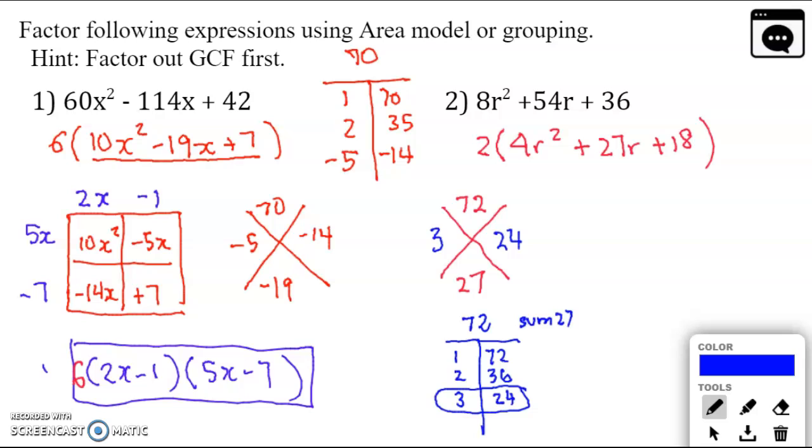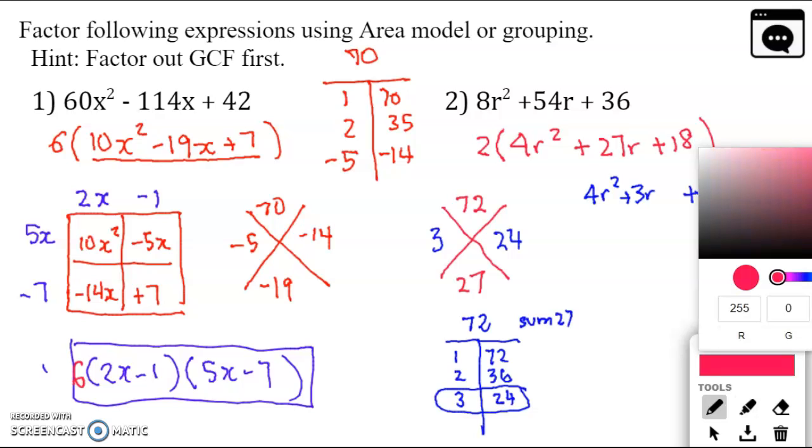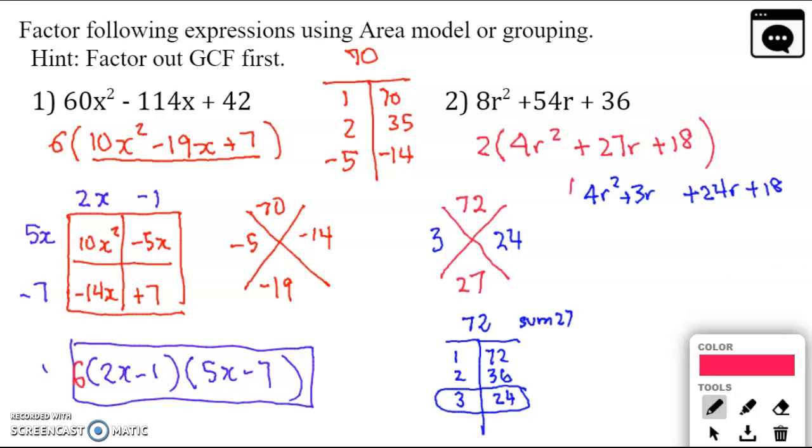Now I can split the middle term as 4r squared plus 3r plus 24r plus 18. And then from there, I can put my parentheses.